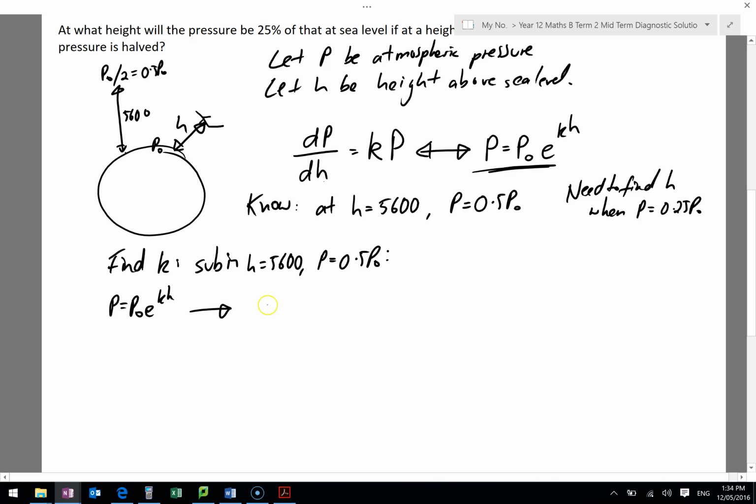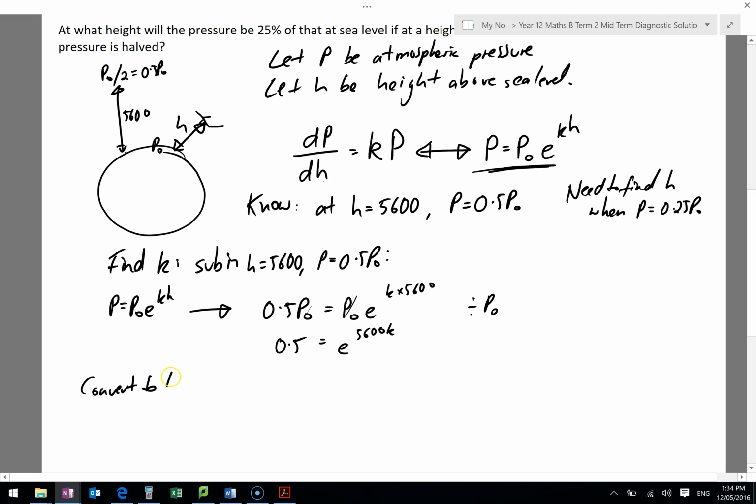So my pressure is 0.5 of the original pressure. My original pressure is still my original pressure, and e to the power k times 5,600. Divide both sides by P0. It will essentially cancel those two out. So 0.5 equals e to the power 5,600k.